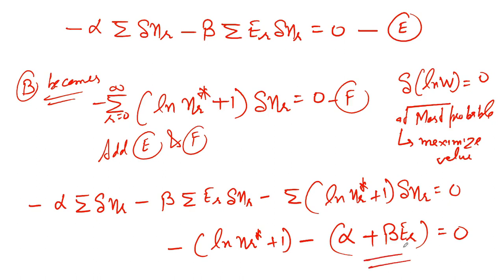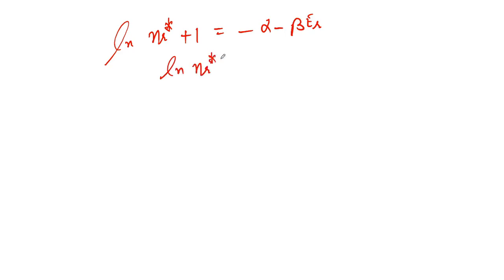So from this I can rewrite log of nr star plus 1 equal to minus alpha minus beta into er. So log of nr star is equal to minus 1 minus alpha minus beta into er.